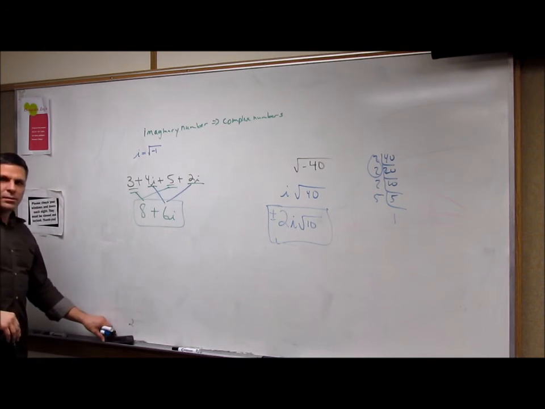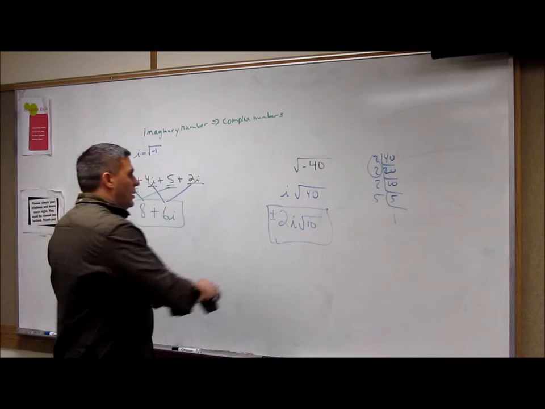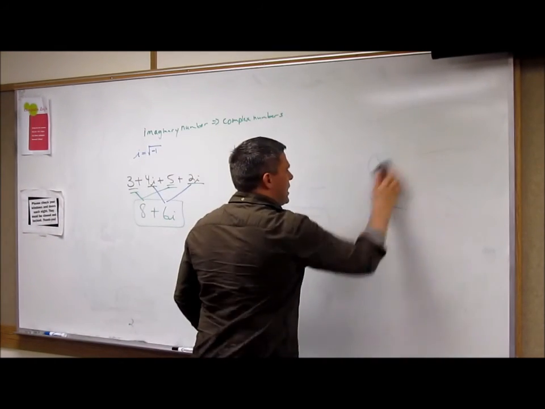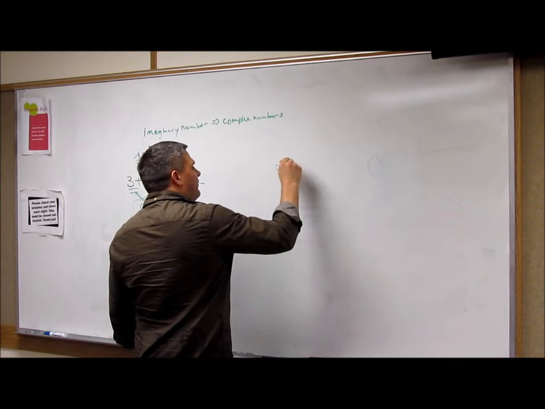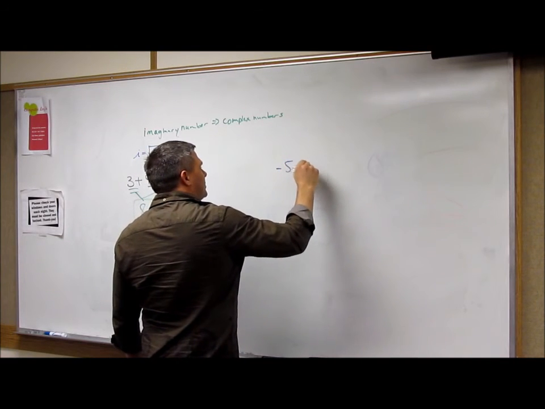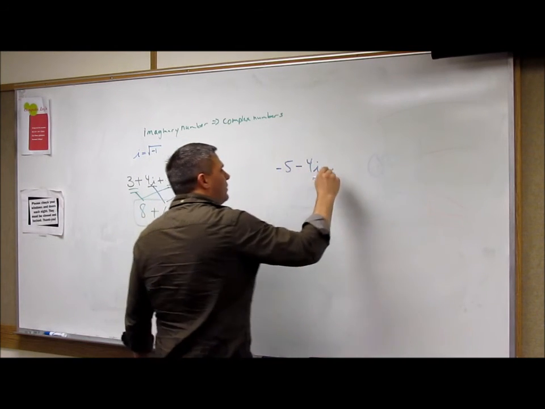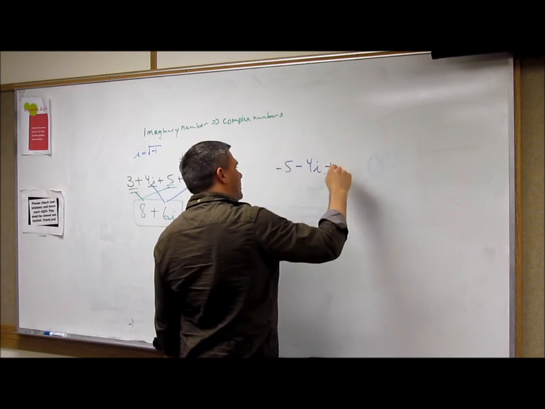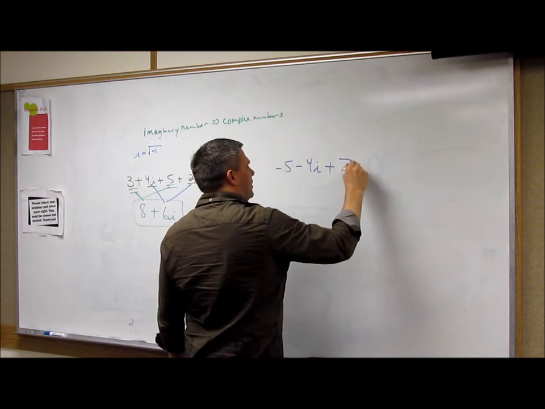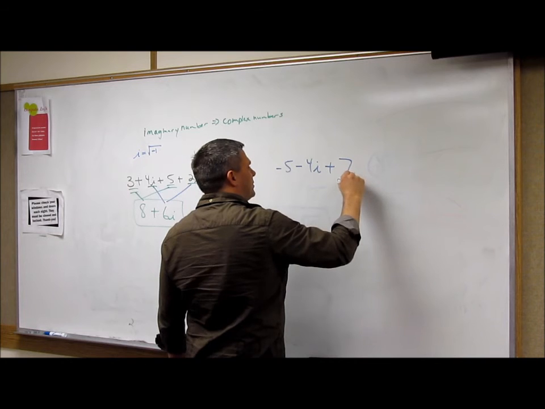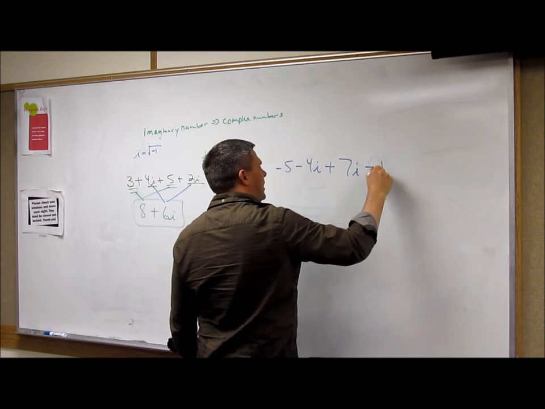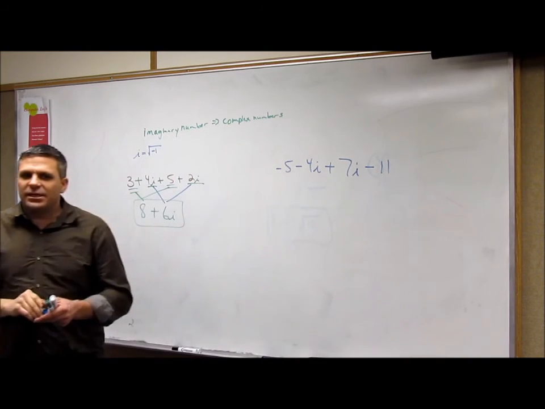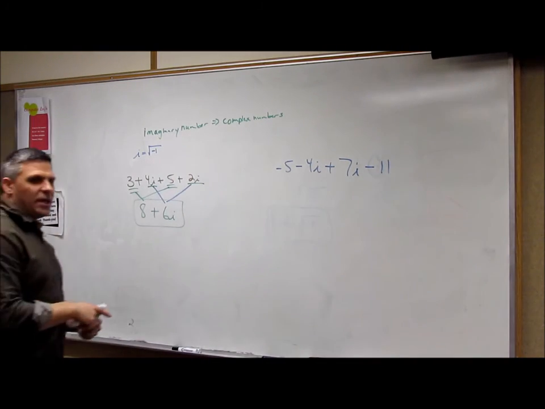Can you do the same thing when you're subtracting them? Yeah. Let's say we've got negative 5 minus 4i plus 7i minus 11. Something like that. Again, like begets like.